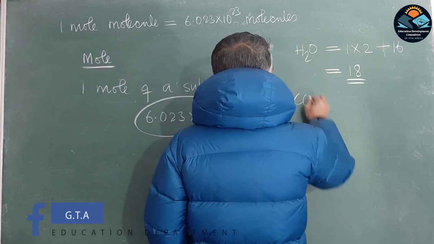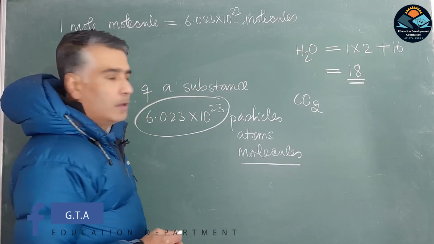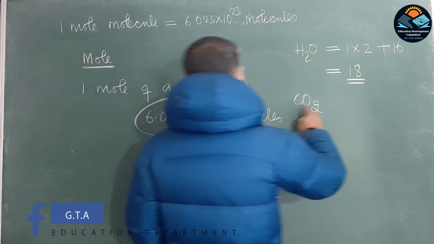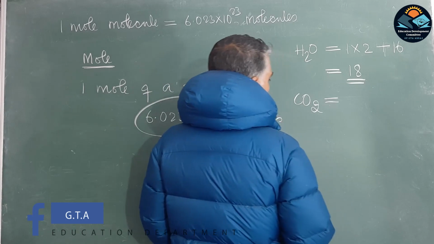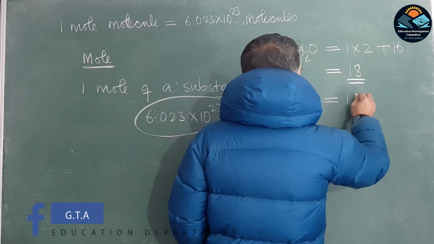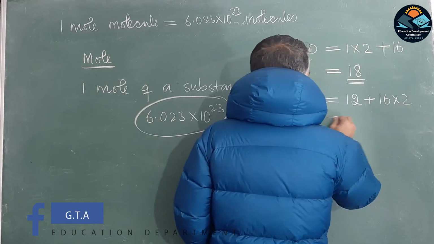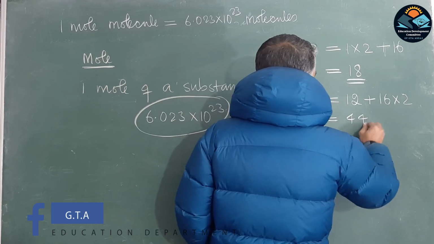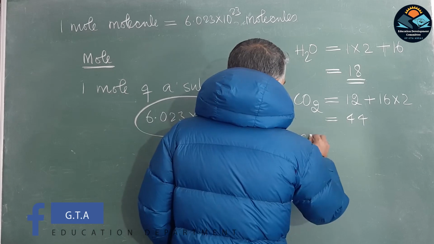Similarly, you can have some other molecules, like I'm taking molecule of carbon dioxide here, and this is the molecular formula of carbon dioxide. We can add the masses of carbon and oxygen atom present in its molecule and find its molecular mass. So carbon's mass is 12, oxygen's mass is 16, but there are 2 atoms, so the net mass is going to be 44. Okay, similarly, you can take another molecule.